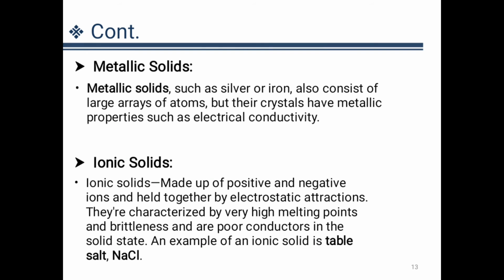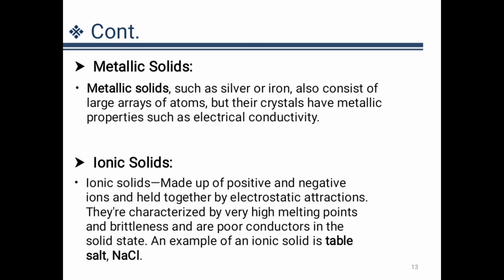The third one is metallic solids. Metallic solids such as silver or iron also consist of a large array of atoms, but their crystals have metallic properties such as electrical conductivity. The fourth type is ionic solids. Ionic solids are made of positive and negative ions held together by electrostatic attraction.